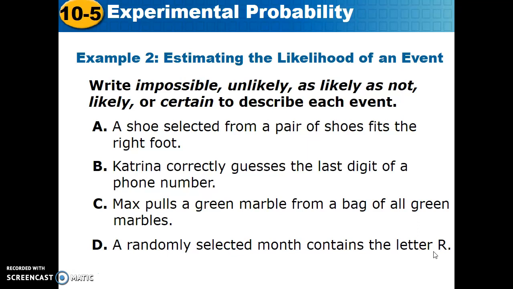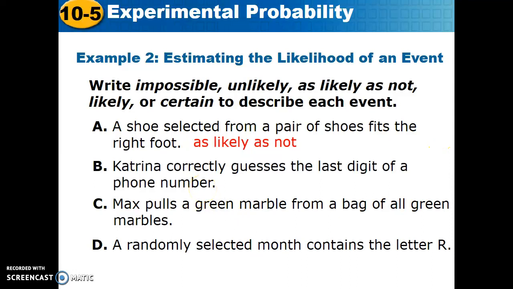Example 2 says, estimating the likelihood of an event. Write impossible, unlikely, as likely as not, likely, or certain to describe each event. A shoe selected from a pair of shoes fits the right foot. Well, since there's 2 shoes, it's as likely as not to occur. We have 1 out of 2 chances. Katrina correctly guessed the last digit of a phone number.